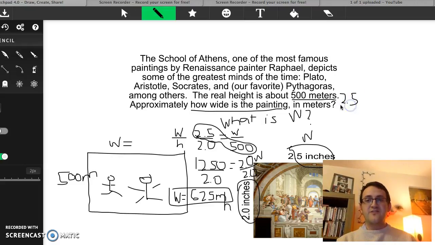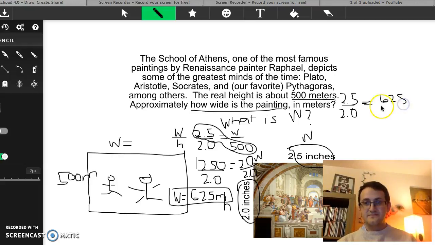So I have 2.5 over 2.0, and then I'm going to plug in for W 625, which is what I got for my W, and 500 on the bottom.